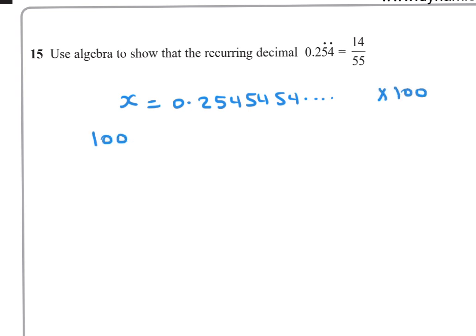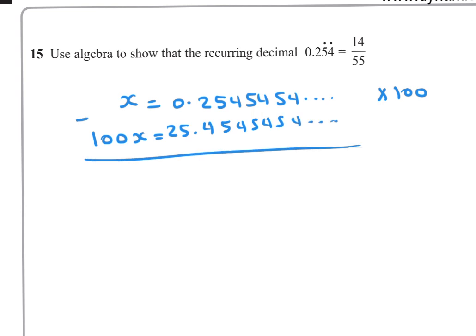So 100x equals, when you multiply by 100, the decimal point moves 2 places to the right. So now you have 25 point 4, 5, 4, 5, 4, 5, 4, and so on. Now subtract. When you subtract, all these digits cancel.